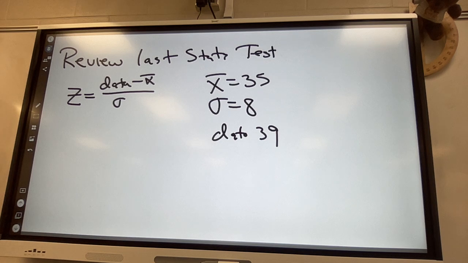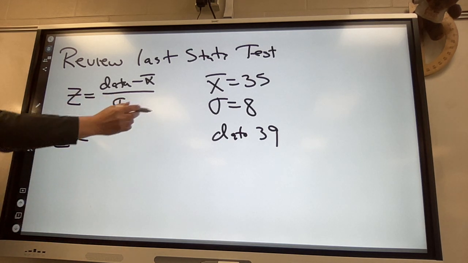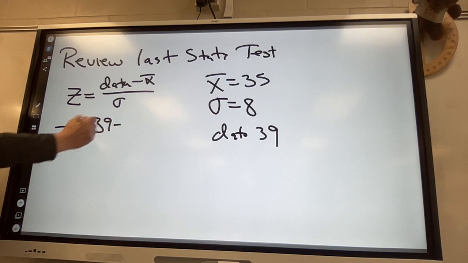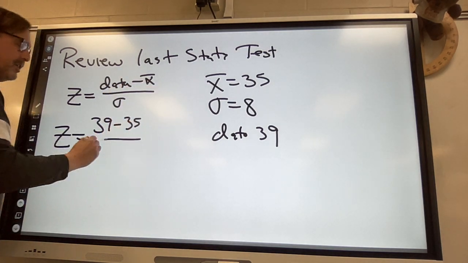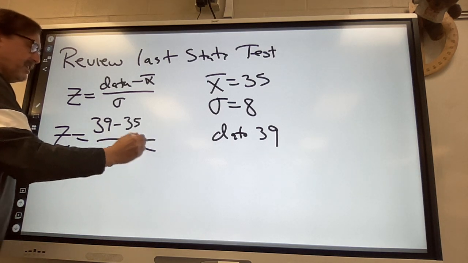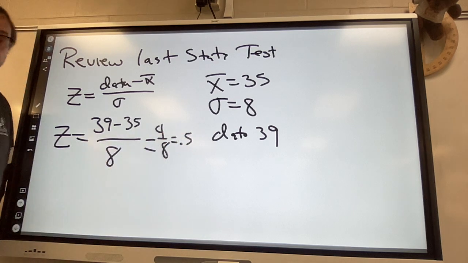Pretty easy. Your z-score equals the data, which is 39, minus the x bar, which is 35, over the standard deviation, which is 8, which is 4/8, or you could make it 0.5.